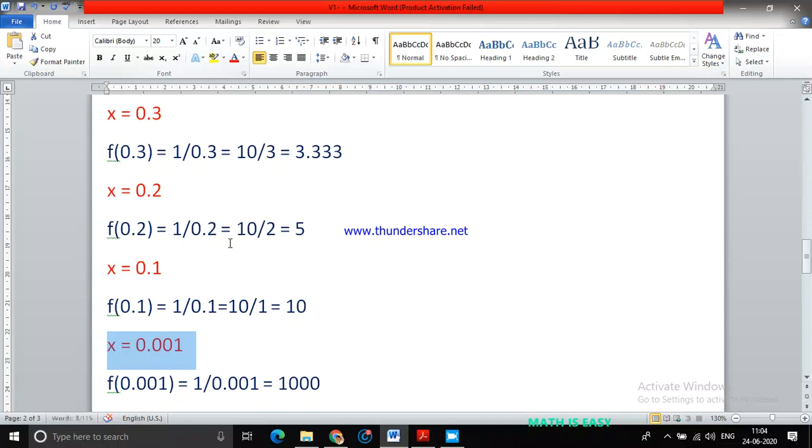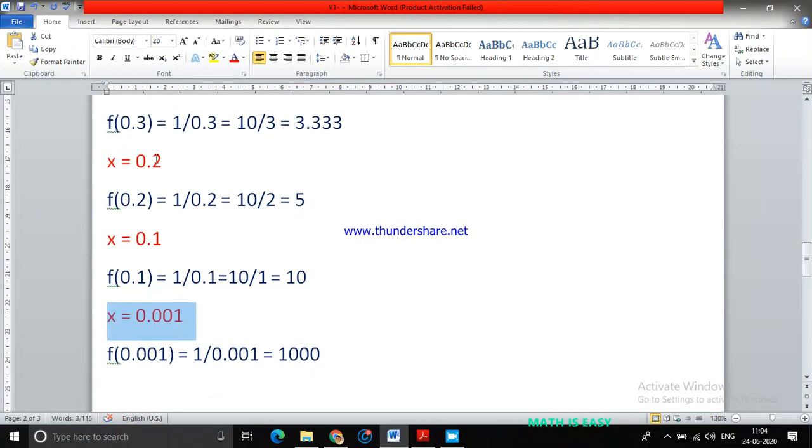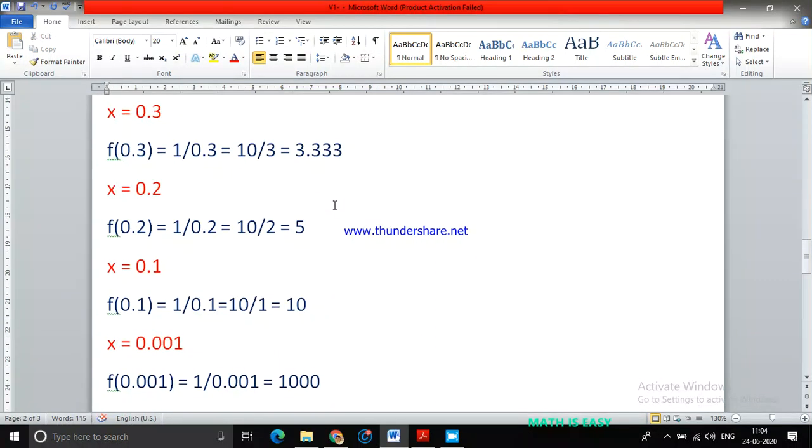0.001 is again smaller than 0.1. Your x values keep on decreasing, but look at the y values, that is f of x. It is 3.333, this is 5, this is 10, and this is 1000.